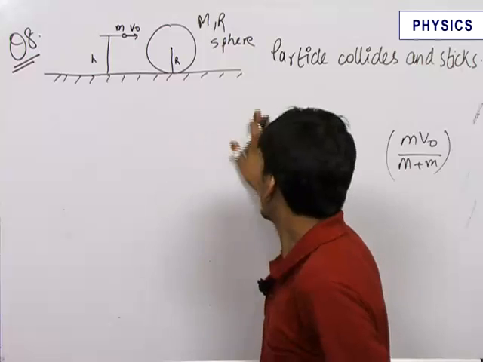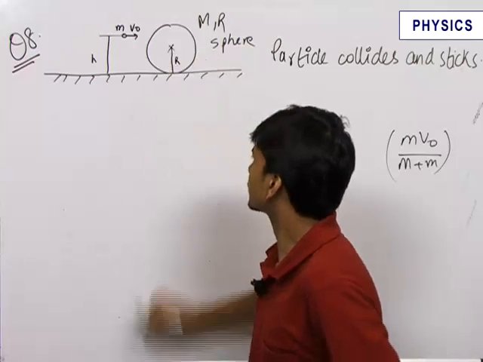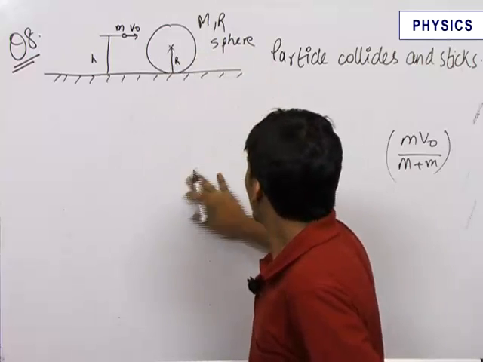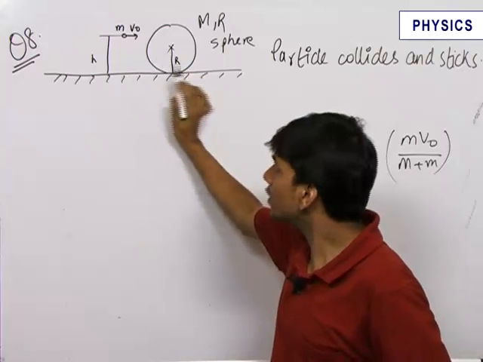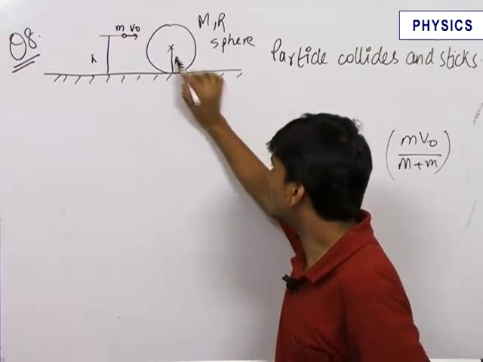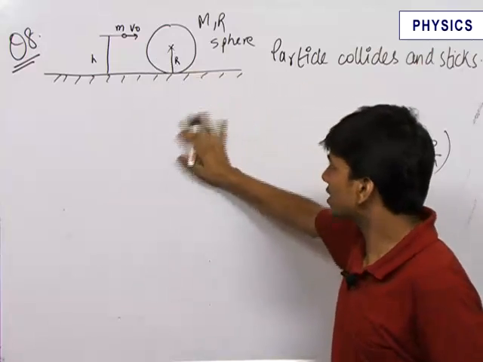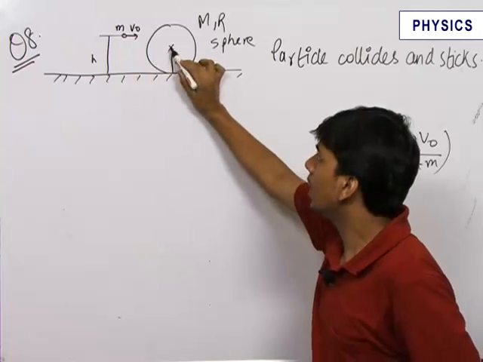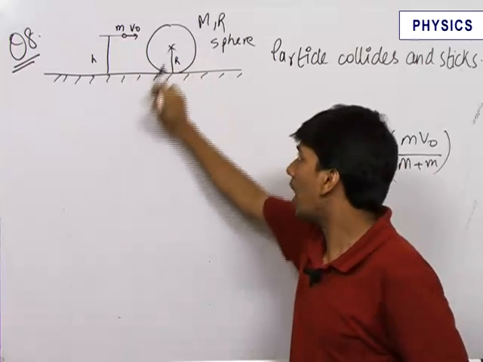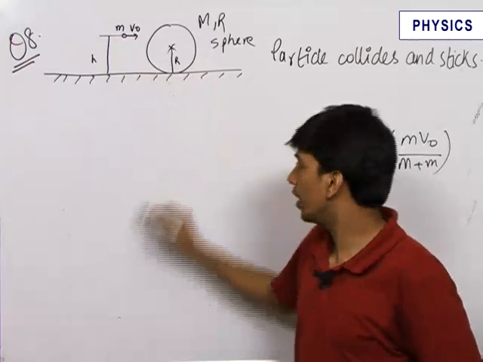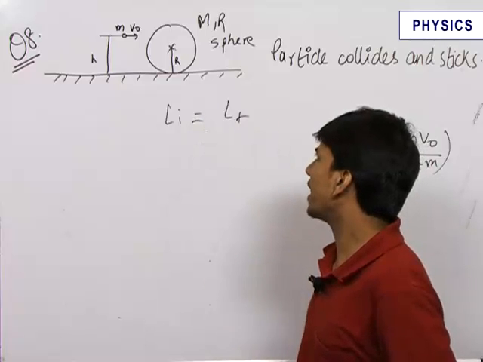For that, we can use angular momentum conservation about the center of mass. There is no external torque acting on the system about the center of mass, therefore we can apply angular momentum conservation about the center of mass on this system. Therefore the initial angular momentum is equal to the final angular momentum.